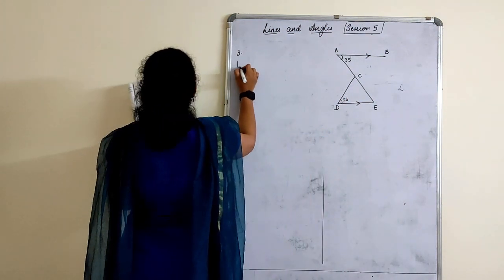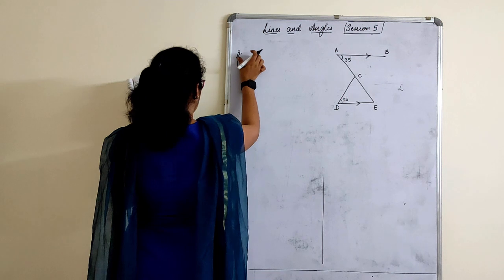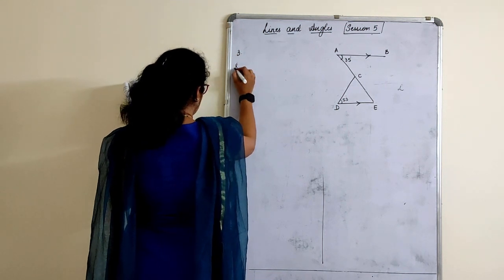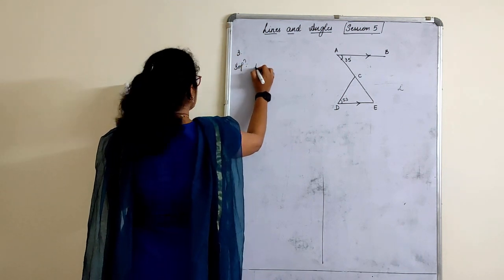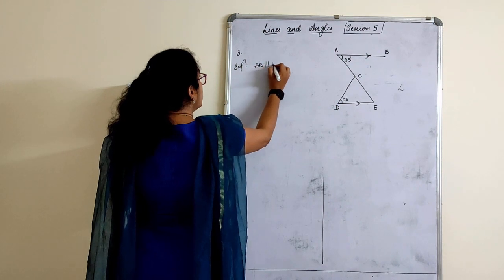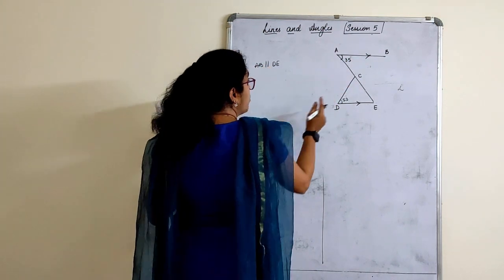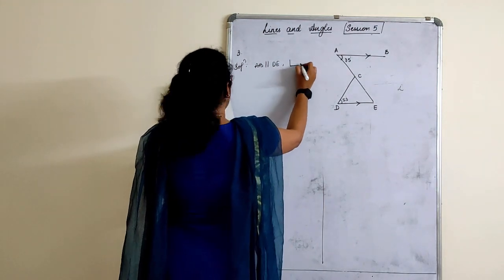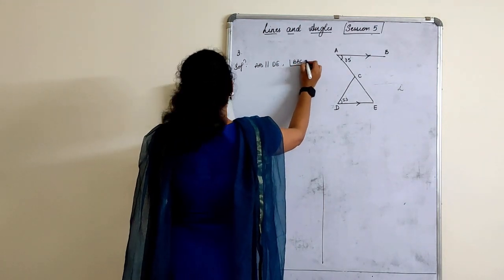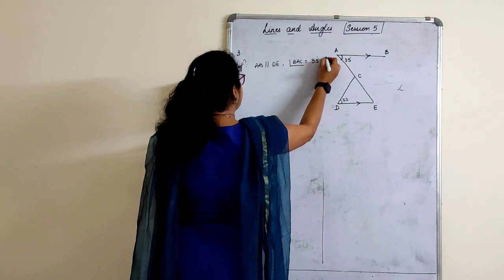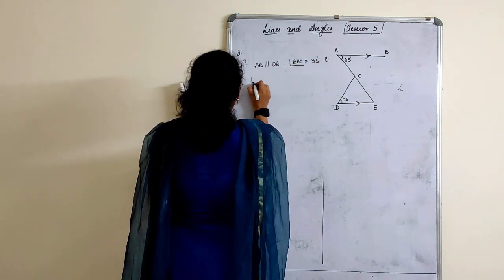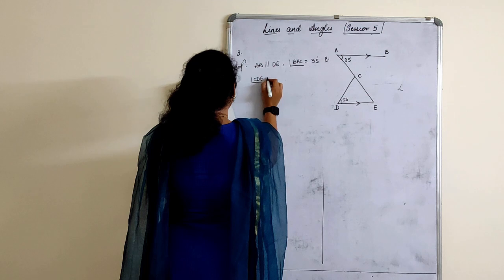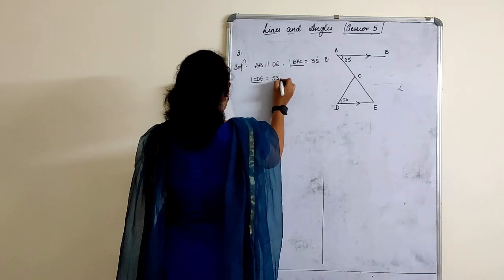Let's write. Okay, first of all, solution. AB parallel to DE. This arrow mark what I have drawn, that is a symbol for parallel. Next what they have given, angle BAC is equal to 35 degree and angle CDE is equal to 53 degree.